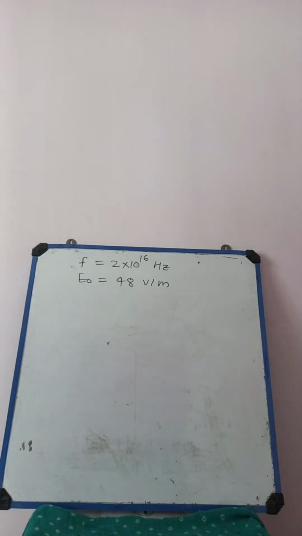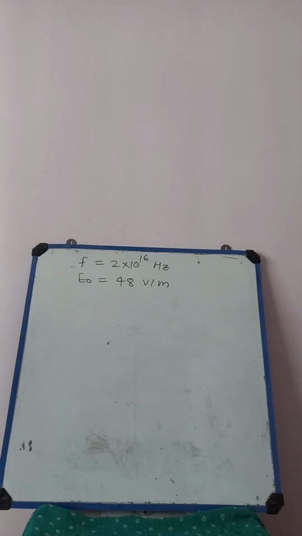First bit, what is the wavelength of the EM wave? Second, calculate the amplitude of the oscillating magnetic field. Okay.